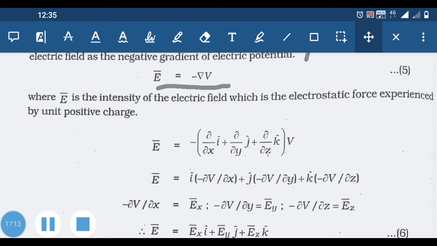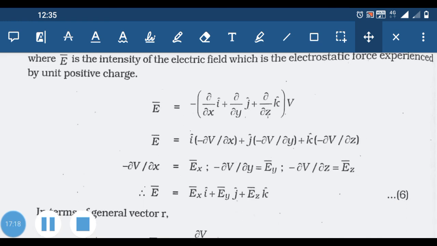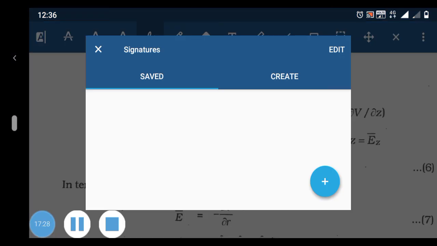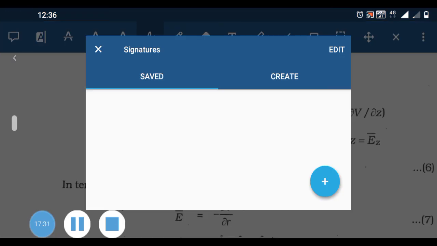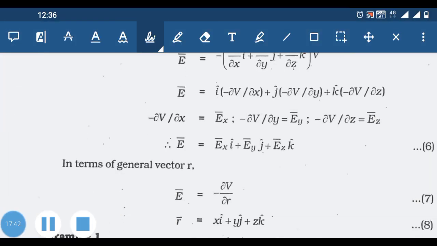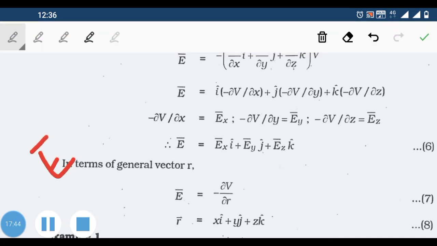So it will be equal to minus i dou V by dou x, plus minus j dou V by dou y, plus minus k dou V by dou z. So this vector E can be written as E is equal to Ex i plus Ey j plus Ez k.